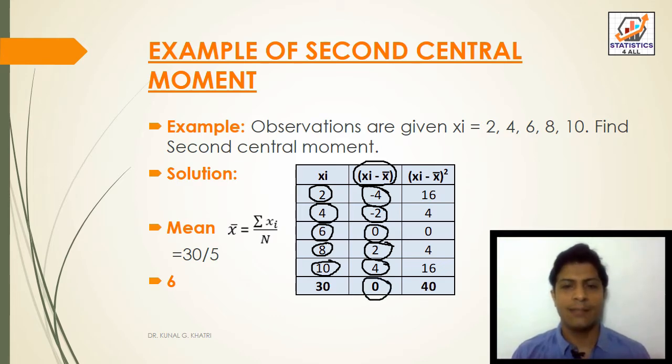After finding xi minus x bar, we have to find (xi minus x bar) whole square. So minus 4 square is equal to 16.